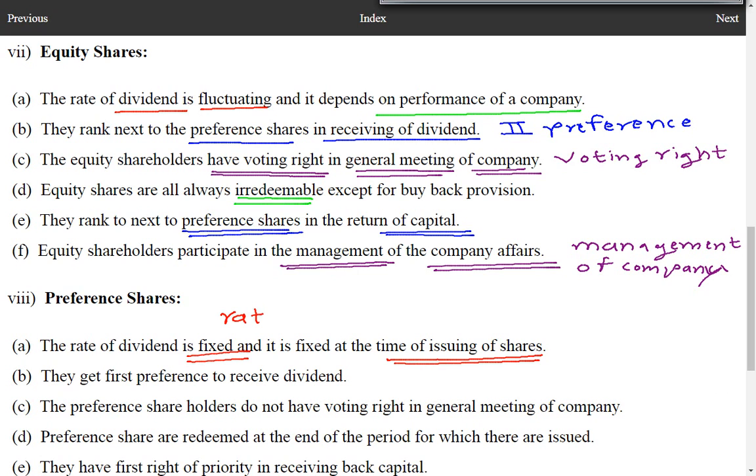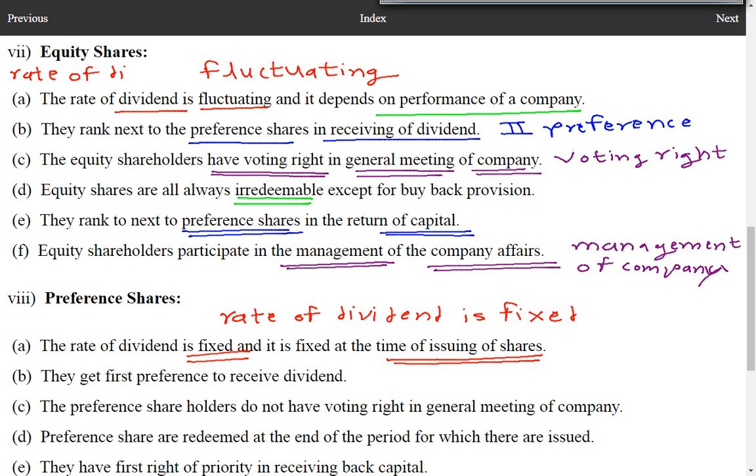Whereas for equity shares the rate of dividend is fluctuating, that is varying, and it depends on performance of company. So the main difference between equity shares and preference shares is this. For equity shares, rate of dividend is fluctuating and for preference shares, rate of dividend is fixed.